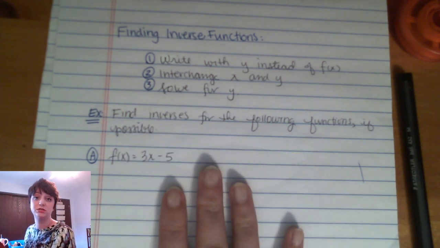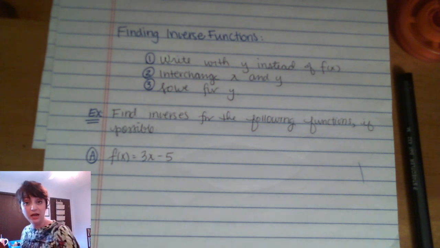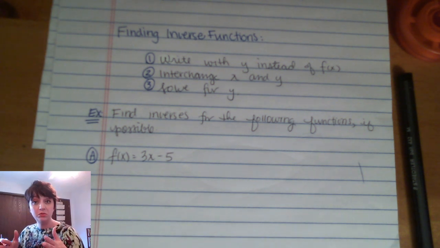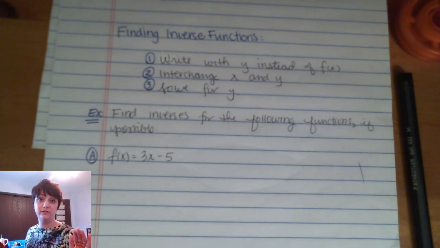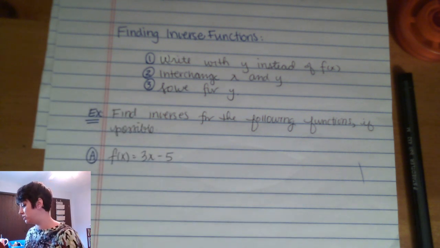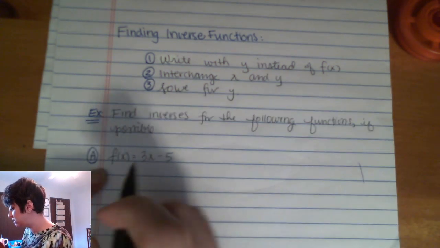So I already know what this looks like. So I could actually make a table of values, plot some points, and then I could graph the inverse because I know that they're symmetric. And it would be just like the very first problem we did in this section where I just gave you a couple points. So let's go ahead and do this problem.